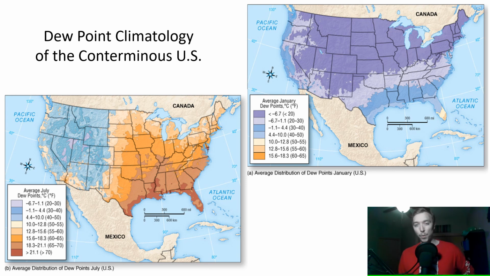In January, we see very cold dew points throughout nearly all of the United States. That varies with deviations in latitude, with a few changes that are driven by local climatological or topographic shifts.